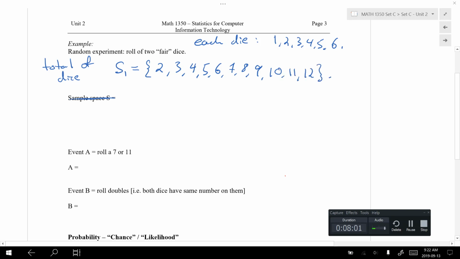This one's kind of fun in terms of probability. That's one way we could imagine representing the sample space. Alternatively, we could look at just the values shown on the two dice.